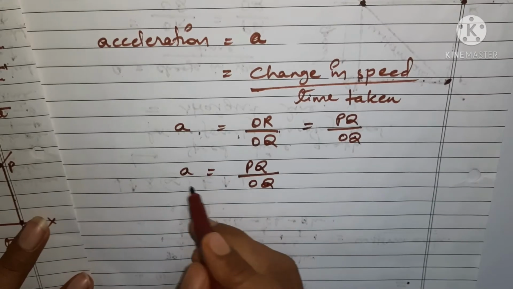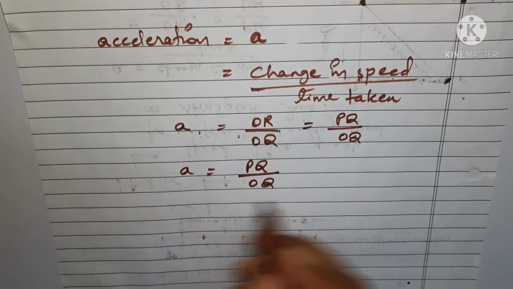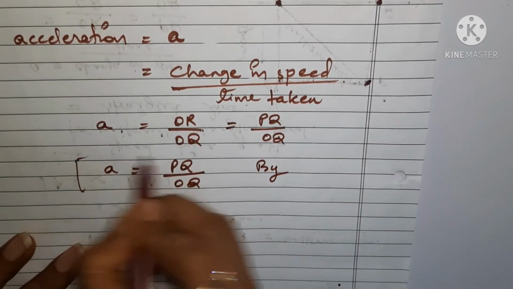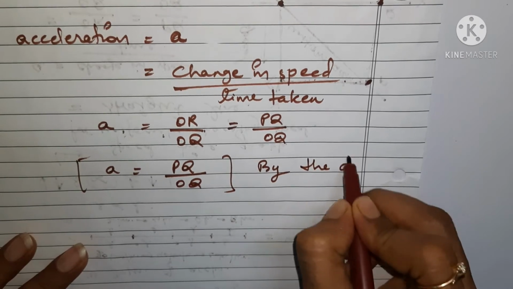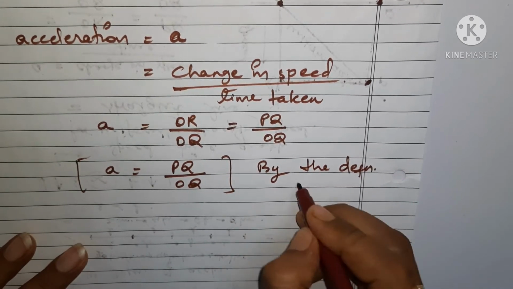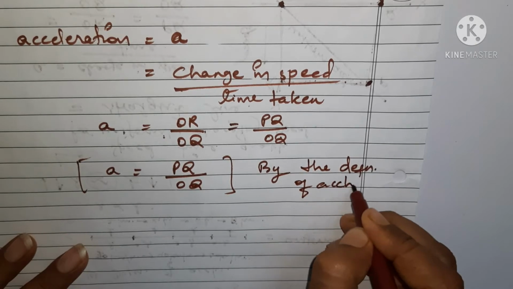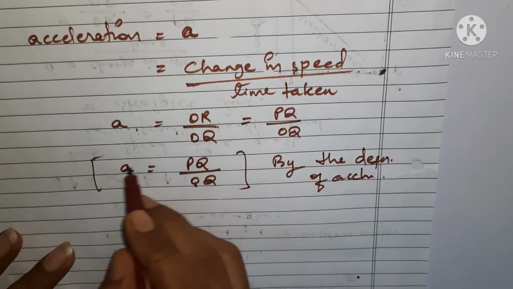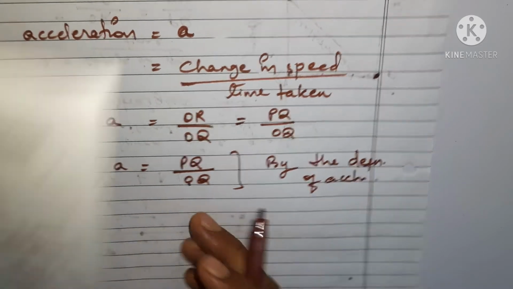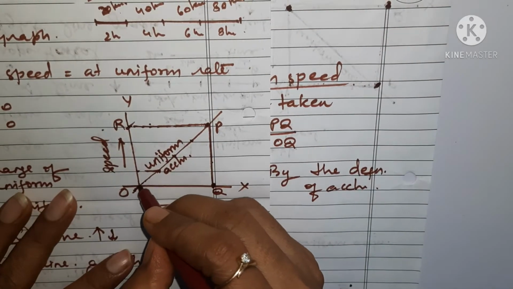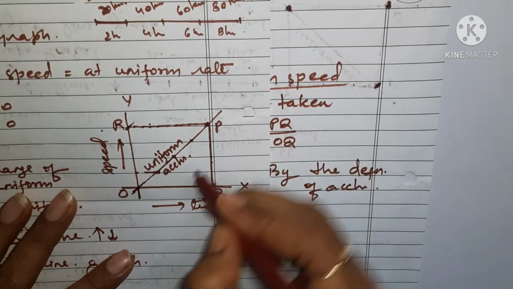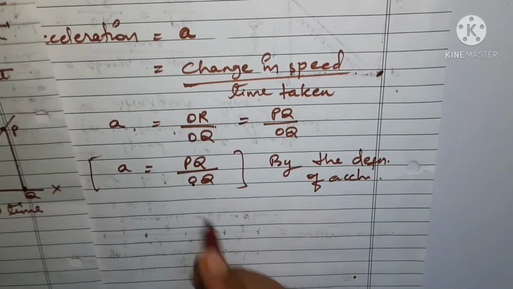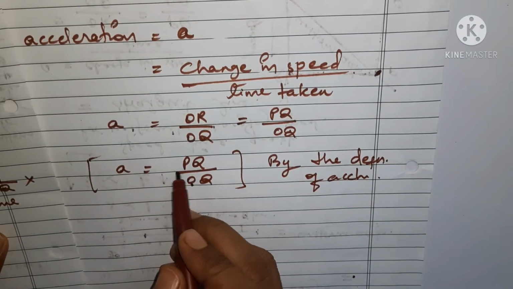Now if you observe carefully, this is by the definition. How have we got this? We have obtained it by using the definition of acceleration. But when we look at it carefully according to the graph, we see that PQ upon OQ actually represents the slope, right? You can see PQ upon OQ is giving you slope.